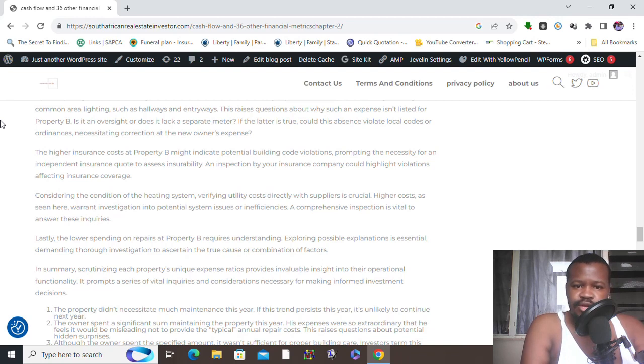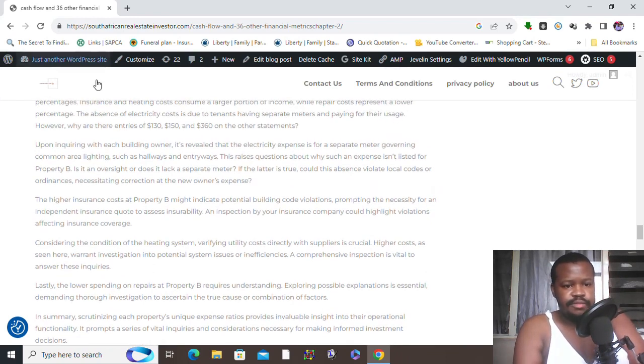An inspection by an insurance company could highlight violations affecting insurance coverage. Considering the condition of the heating system, verifying utility costs directly with suppliers is crucial. Higher costs, as seen here, warrant investigation into potential system issues or inefficiencies. A comprehensive inspection is vital to answer these inquiries.